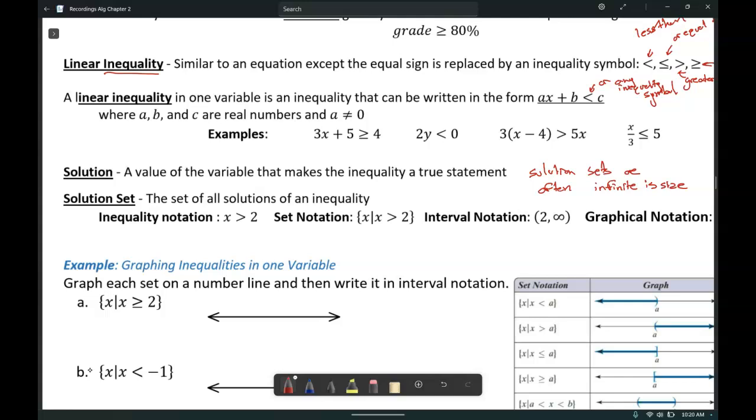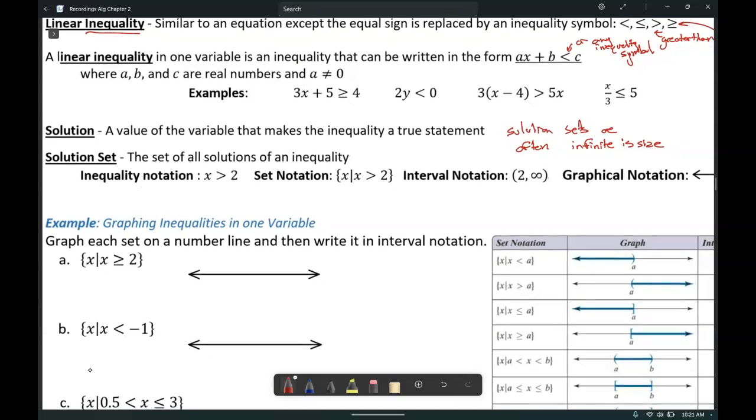A solution set can be written in a couple different ways. Inequality notation is where we have a simplified inequality where our variable is set to some inequality of a number. In set notation, we take that inequality statement and say that all values of x such that x is greater than 2.